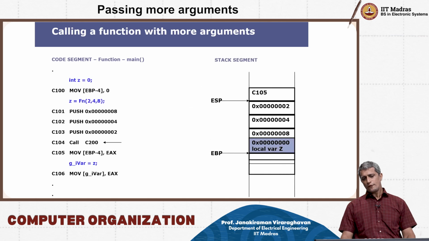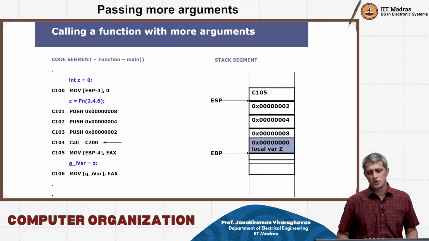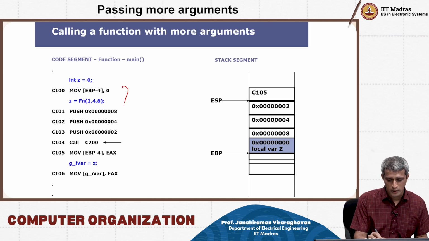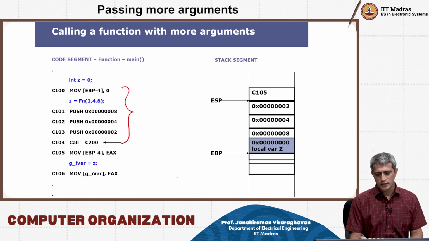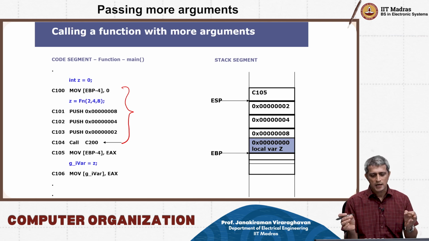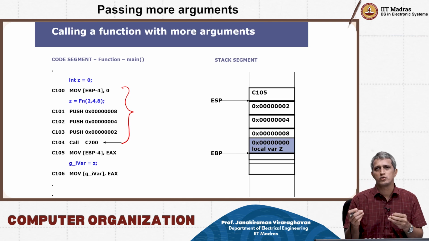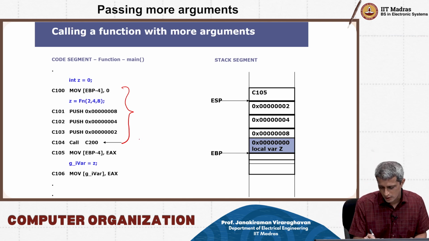Here is the function main. We are assuming that you have executed all this part of code, and now we are waiting at call C200, where fn resides.